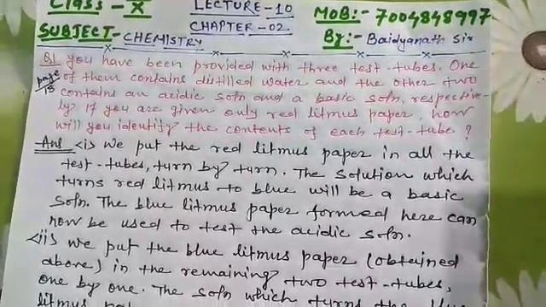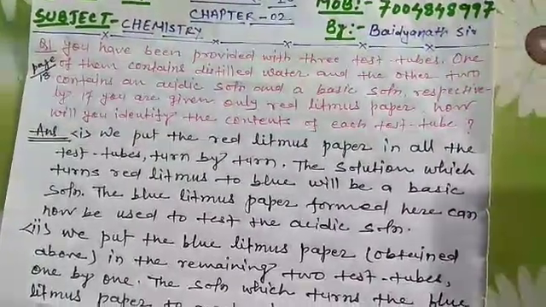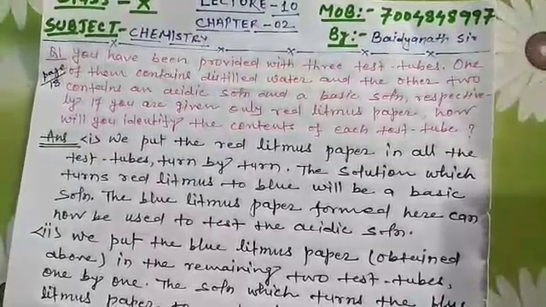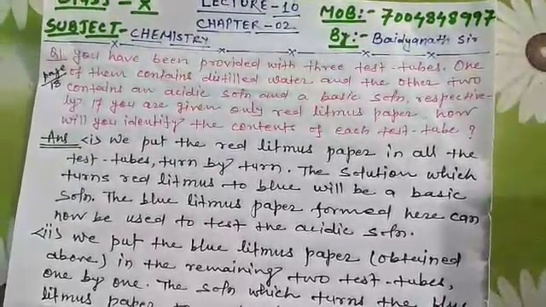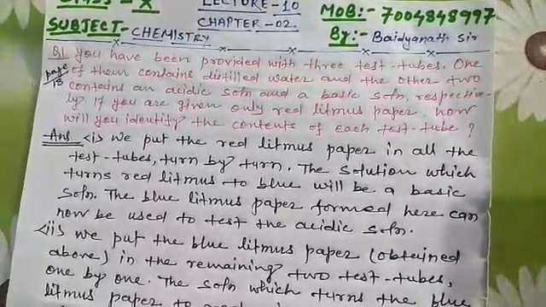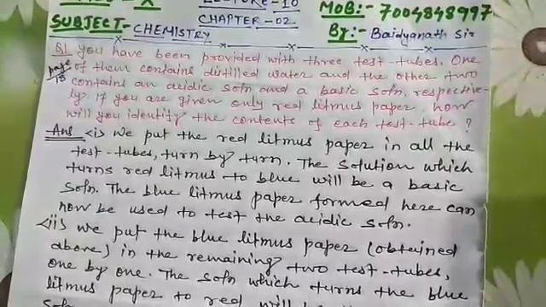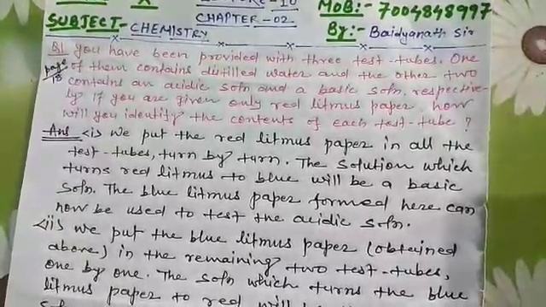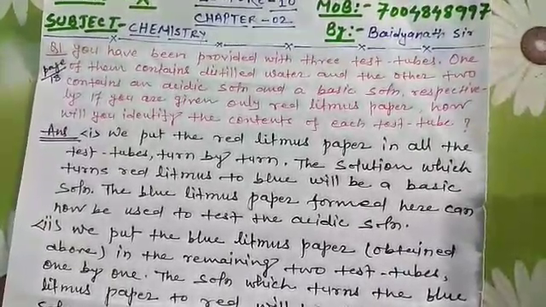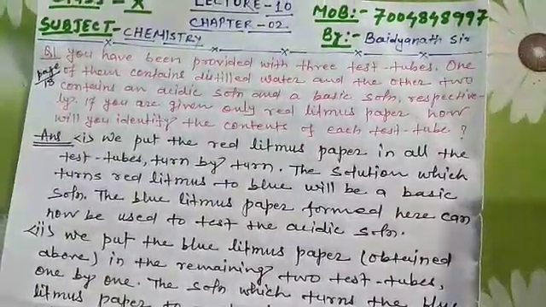Means, with the help of red litmus paper, you have to identify all solutions. Okay. Then now, how will you identify all 3 test tubes containing solution?